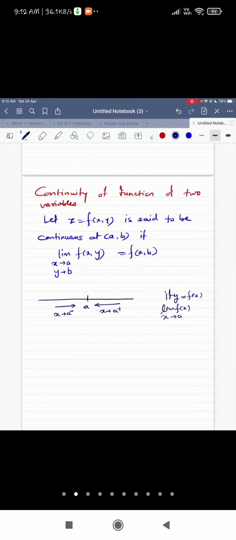If both these limits are the same, we say that the limit exists. In the same manner, here you have a function of two variables, while this is for a function of one variable.